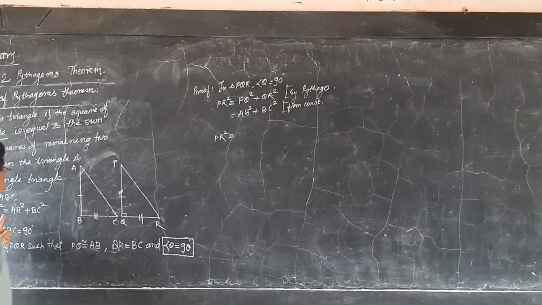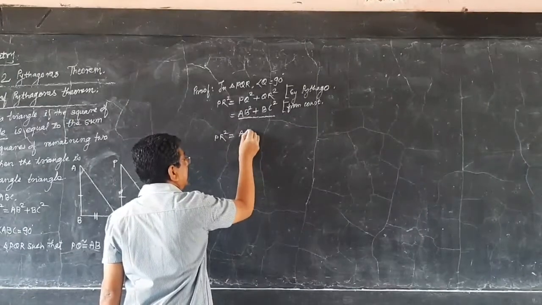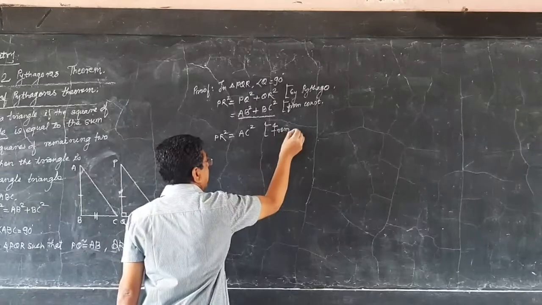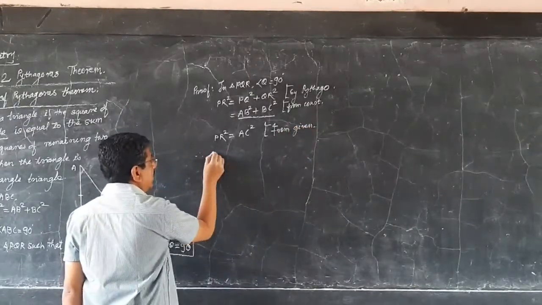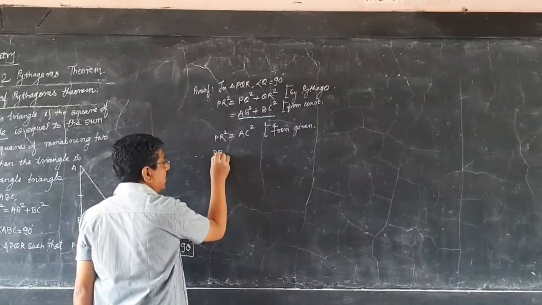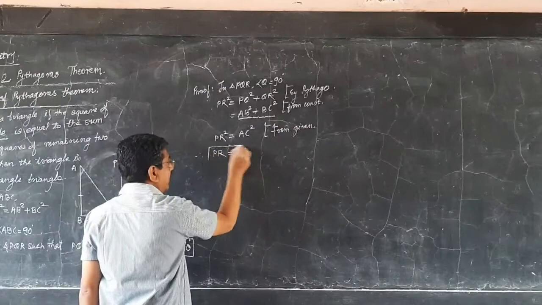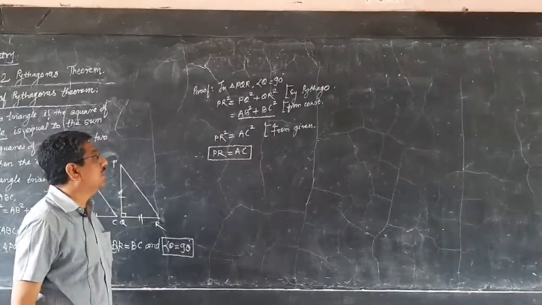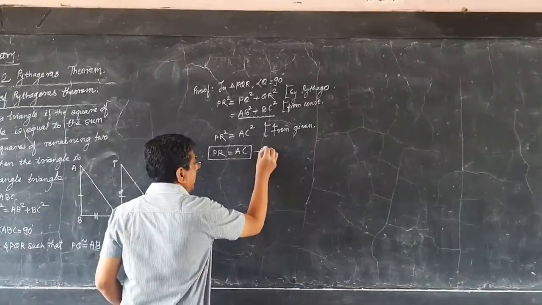AC square. Therefore, you can write here AC square, from given, and therefore by taking the square root, PR is equal to AC. Now, you can say here statement 1.